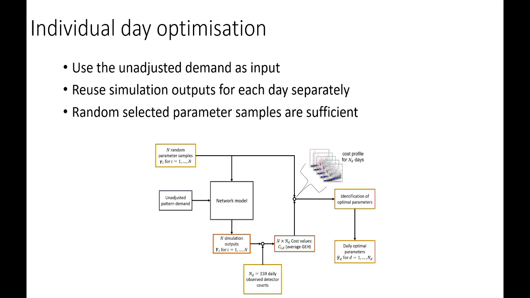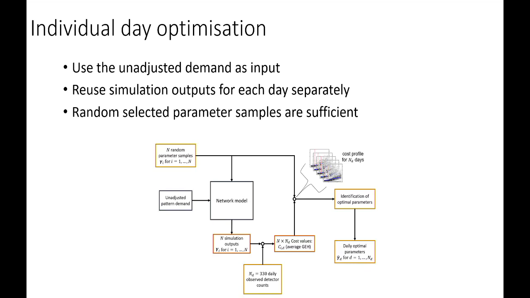The approach that we're going to take is to just use the unadjusted demand as the input. So it's a huge shortcut. We're not going to bother with the adjustment, but the advantage is that every single simulation that we do, for example for a weekday, corresponds to all of the observations. And we no longer care about doing Bayesian optimization or any sort of optimization method, because we are going to reuse each simulation for each day separately, and presumably the optima are located at different parameter values.